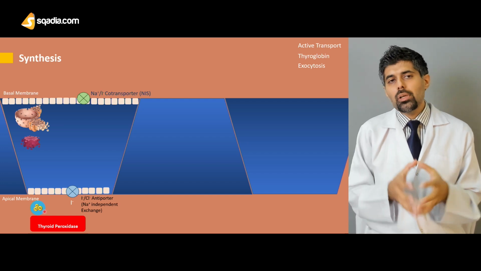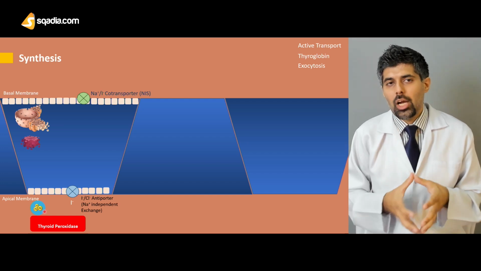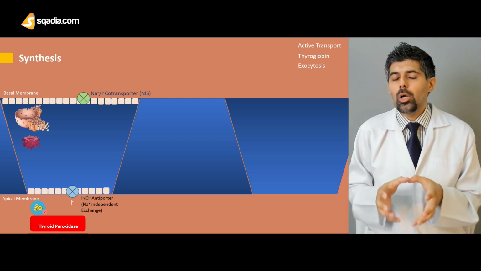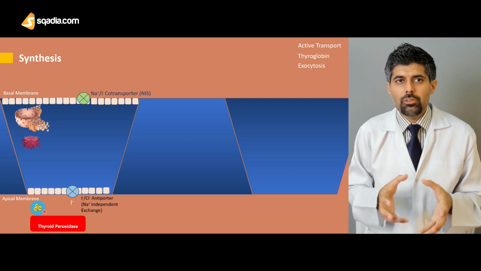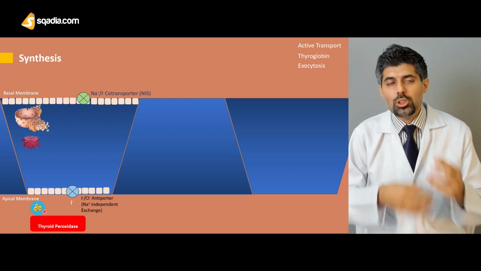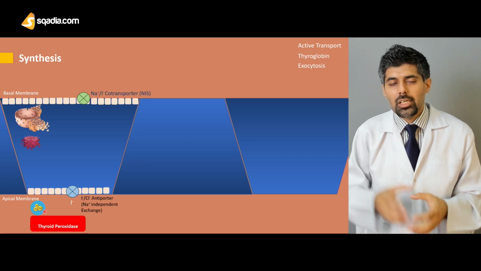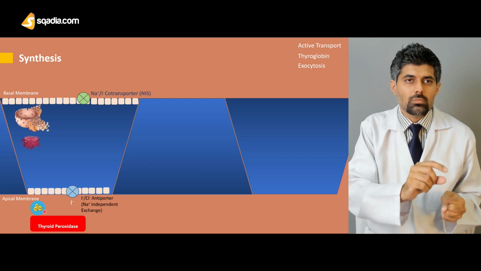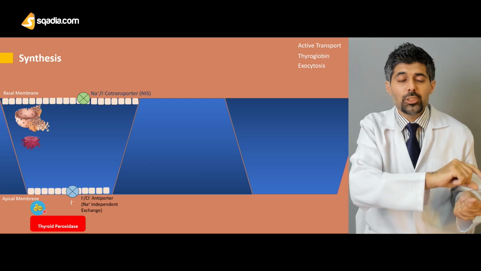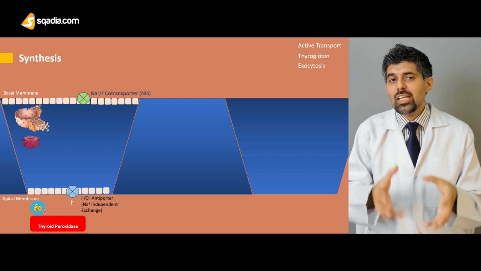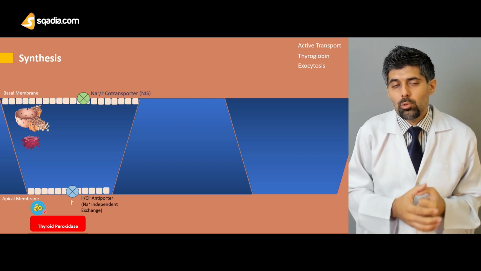Now, thyroglobulin, like I said, is a homodimer, and it contains about 100 to 120 tyrosine residues. And it is these tyrosine residues which start to iodinate. The iodine starts to attach to these tyrosine residues, because tyrosine, as you know, is an aromatic amino acid.